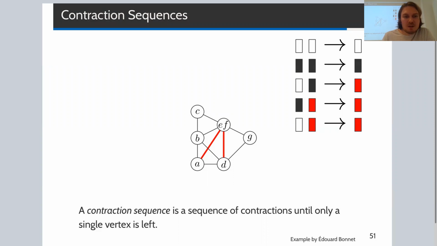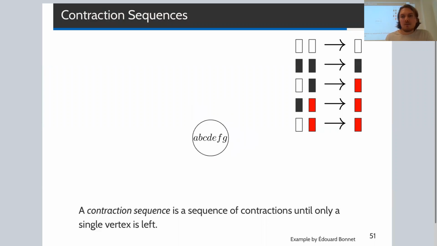And a contraction sequence does this until no vertex is left anymore. So we contract A and D, update the red error edges to the neighbors accordingly, and we repeat it, merging, contracting, until only a single vertex is left. And this is what we call a contraction sequence.